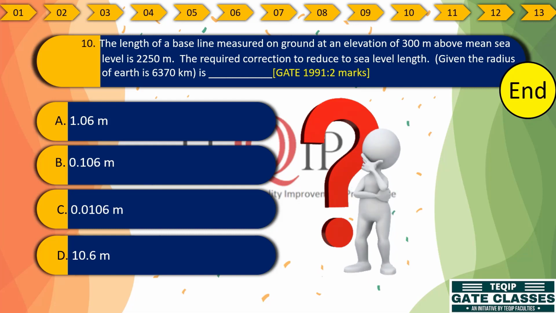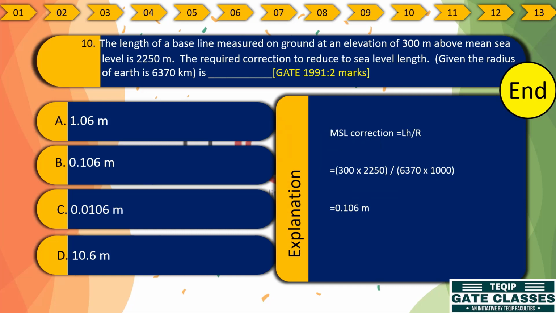Okay, so come to the solution part. We know the mean sea level correction is equal to LH divided by R. So L is the length, R is the radius, H is the height. So here the elevation is 300, multiplied by the length, that is 2250, divided by 6370 kilometer.